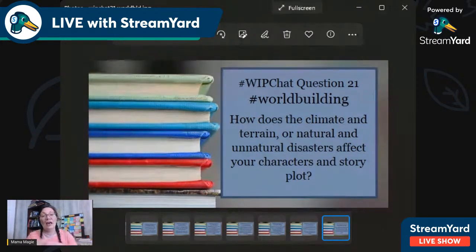So having disasters and how your characters react, live, and either move through these disasters, face these disasters, or recover in the aftermath of the disasters can add a very relatable level to your story. Because people are resilient, characters should be too.